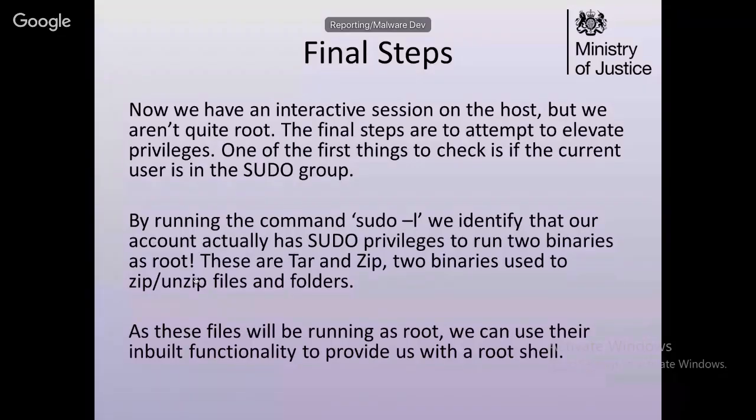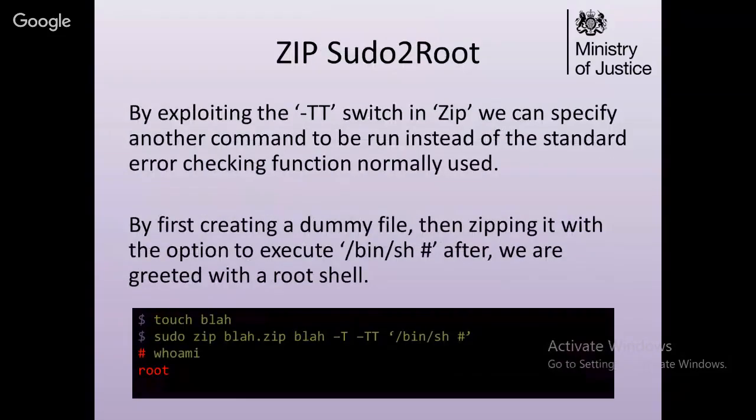So these binaries run as root, so we can actually abuse their inbuilt functionality to provide us with a root shell. Using zip, there's a -TT switch that lets us specify another command to be run instead of the standard error checking function. When you zip something with -T, it does error checking at the end, running an error checking binary.